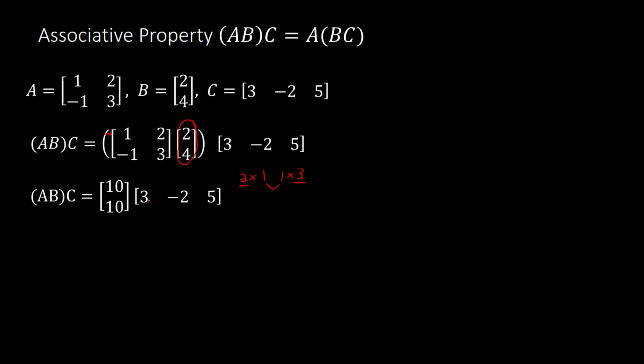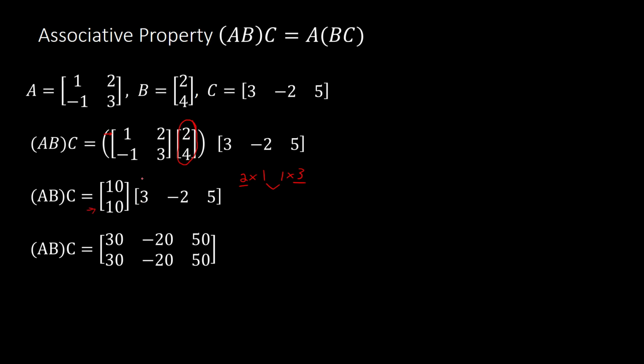So it's a 2 by 3 matrix, and I take this first row, or first column, multiply it by the first row here, which is just the two numbers 3 and 10, which gives me a 30. Same thing with negative 2, multiply it by this first row, so the first row by the second column, we have 10 times negative 2 to get negative 20. 5 times 10 gives me 50, and then do the same thing again for the second row right here.